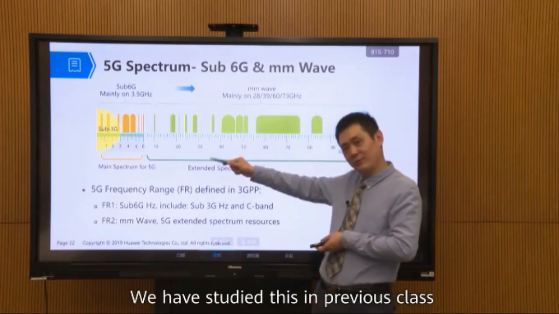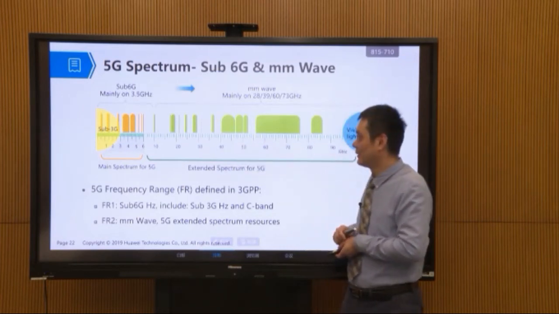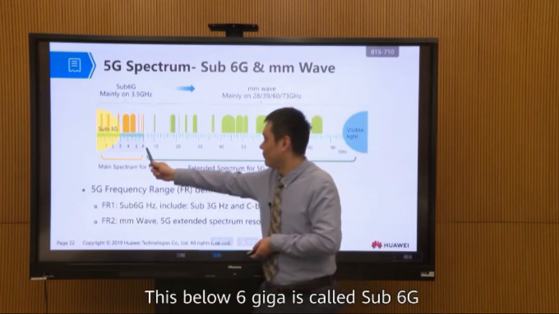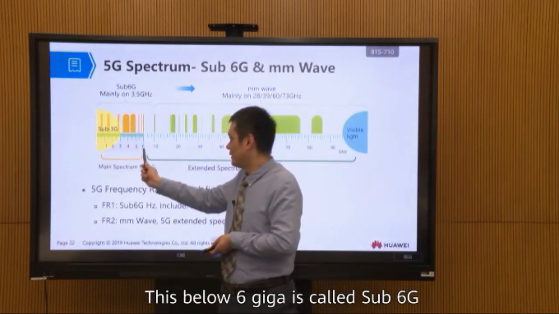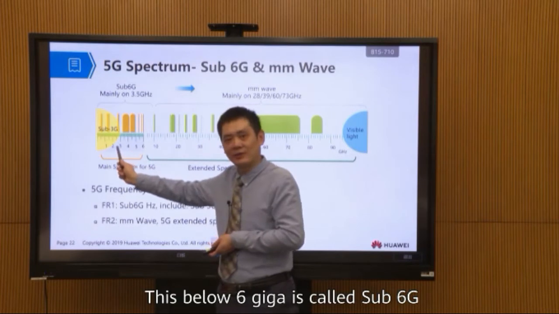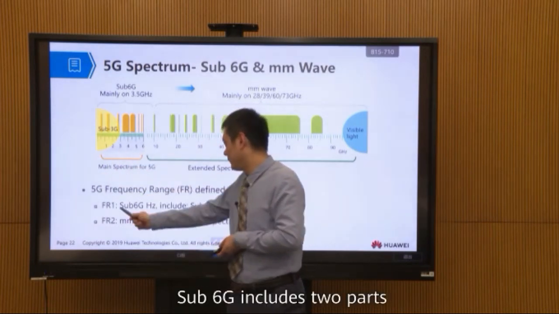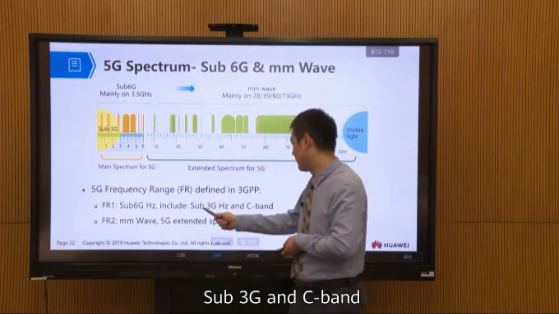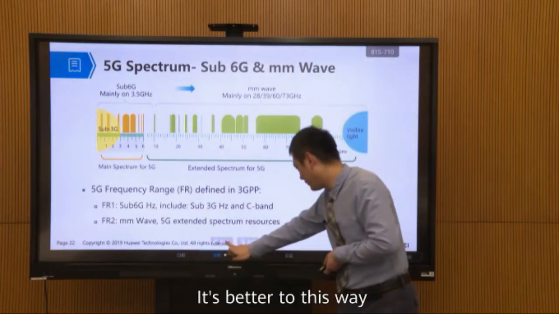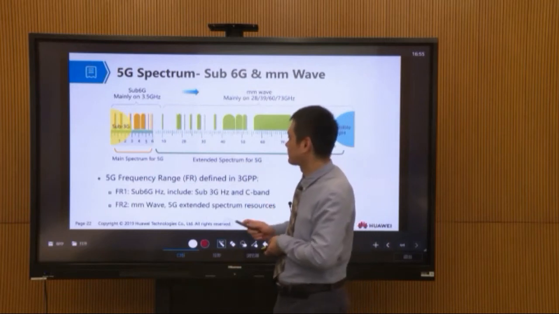We have studied this in the previous class. Below 6 gigahertz is called sub-6G. Sub-6G includes two parts, sub-3G and C-band. It's better to do it this way.